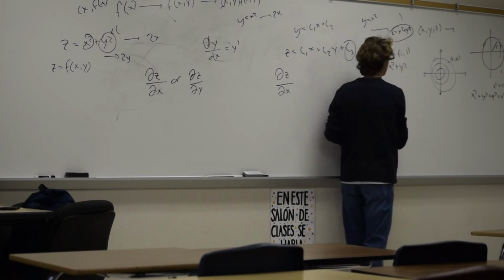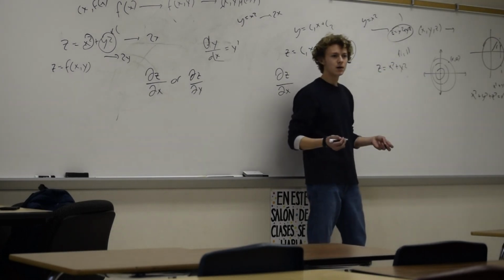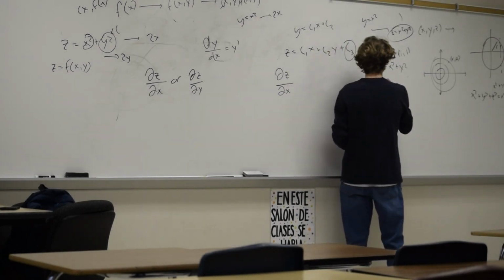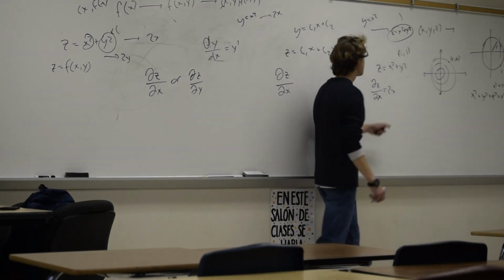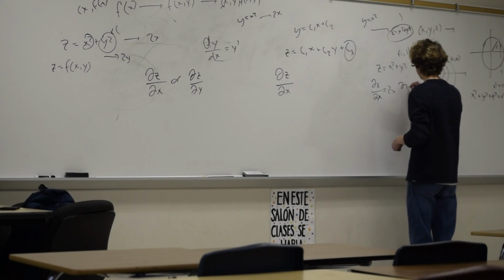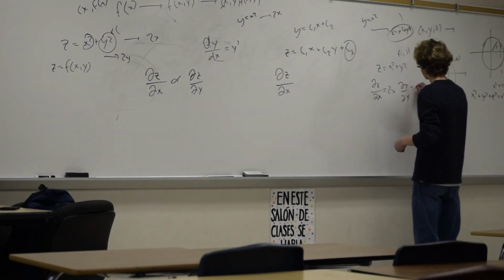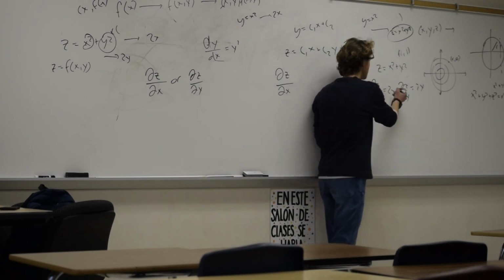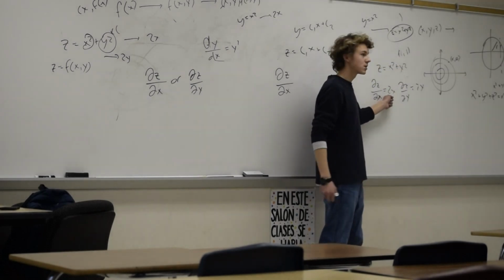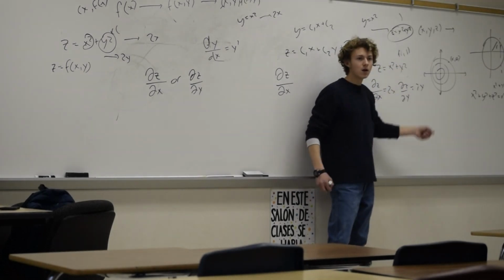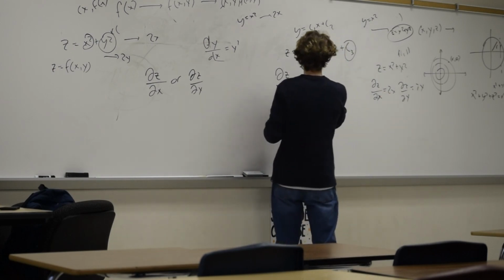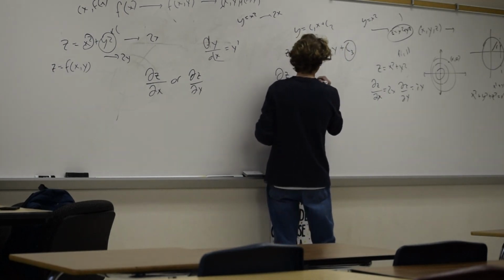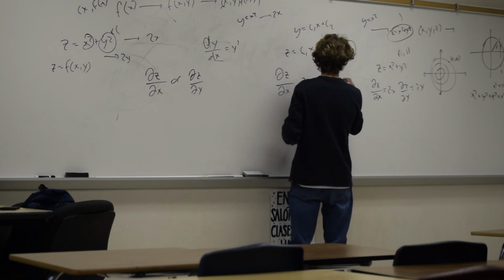Just 2x, right? So del z del x is 2x, and del z del y is just 2y. At our point 1, 1, our slope in the x direction is 2 and our slope in the y direction is 2. And so you would have z equals 2x plus 2y plus constant 3.